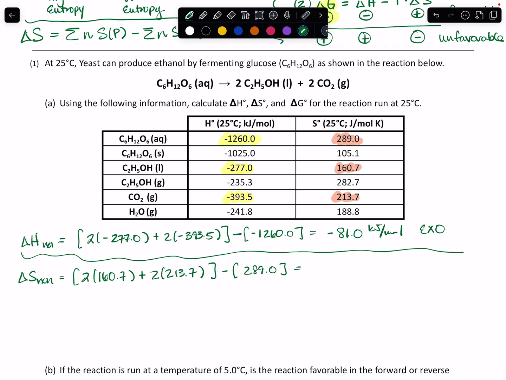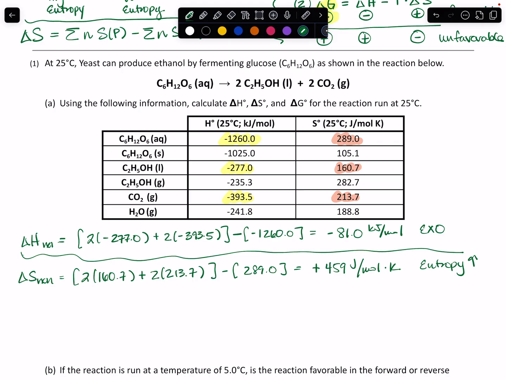I'm going to add those up, and I have a positive 459 joules per mole Kelvin. So we can see that entropy increased here. So we have an exothermic reaction and disorder is increasing. This is going to be a favorable process, which means I would anticipate my delta G value should be negative.